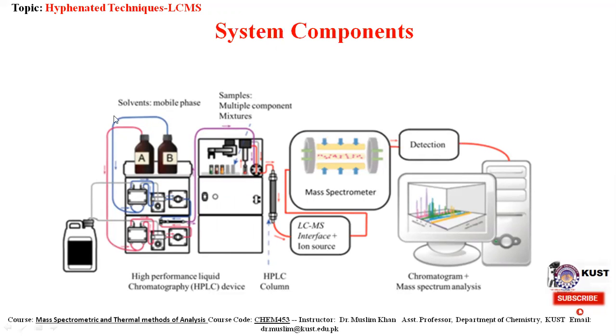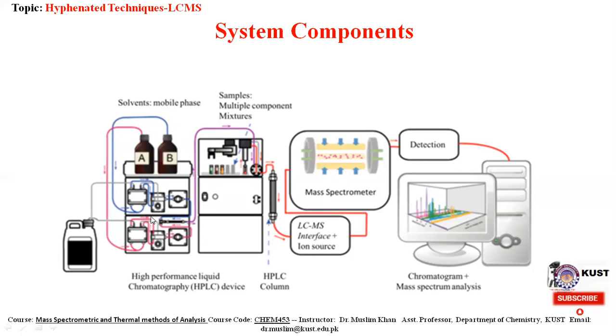So this is the combined system. This is HPLC, and this is connected to a mass spectrometer, and then these two instruments are connected to the computer, which ultimately gives us a chromatogram plus the mass spectrum of some specific component of a mixture.